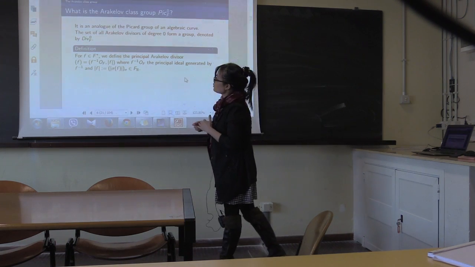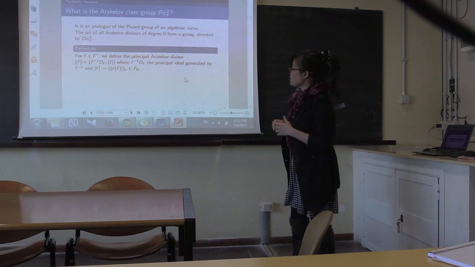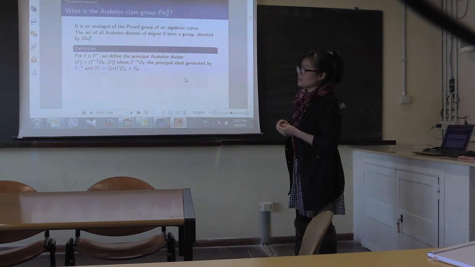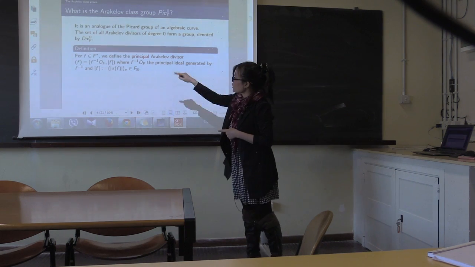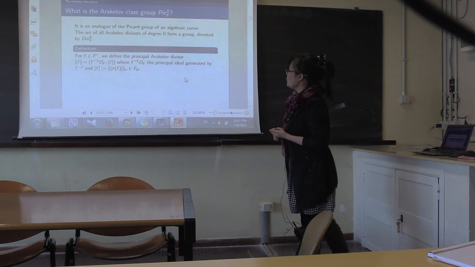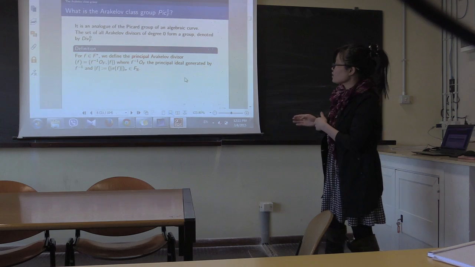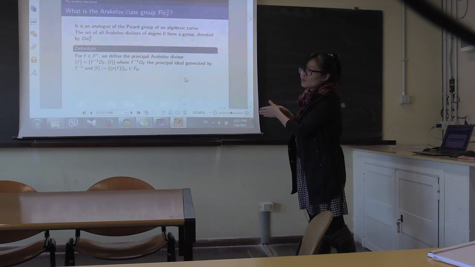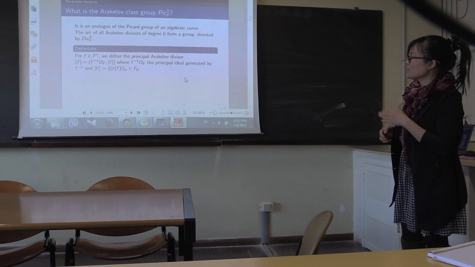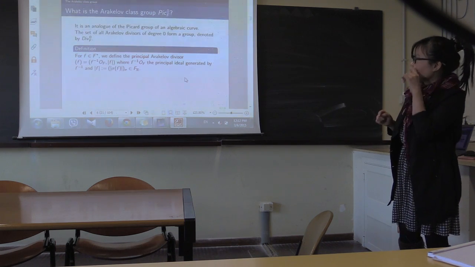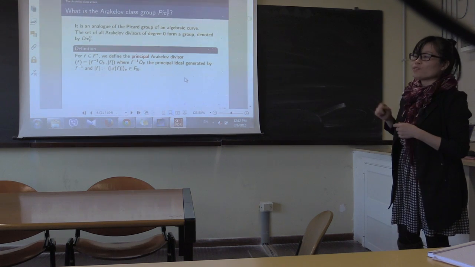We take a non-zero element f, and we denote by (f) the principal Arakelov divisor with the Hermitian line bundle whose finite part is the principal ideal generated by f⁻¹, and whose infinite part is the vector of absolute values of f. And by the product formula, we can see that any principal Arakelov divisor has degree 0, so it is contained in Div⁰(F).